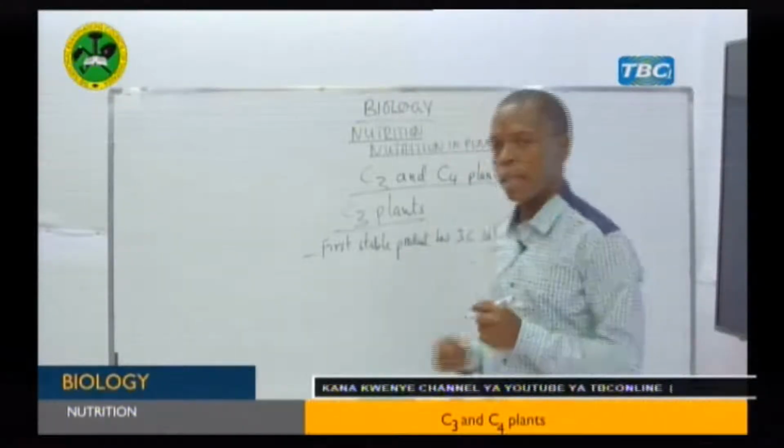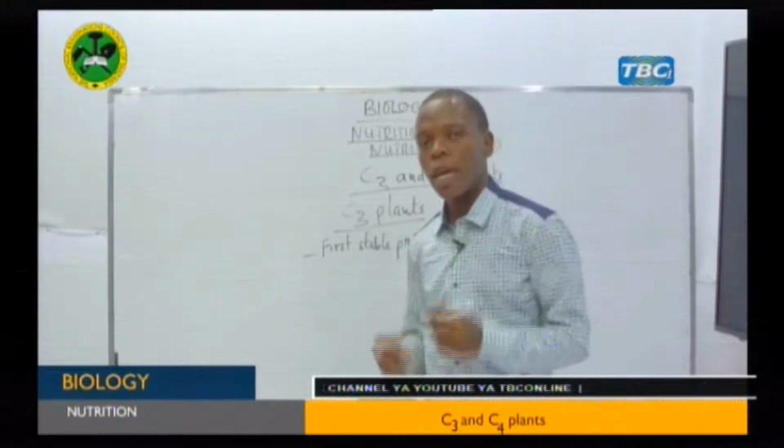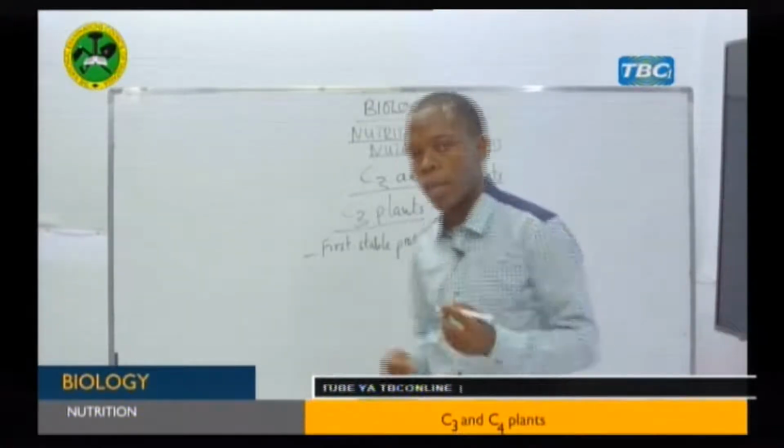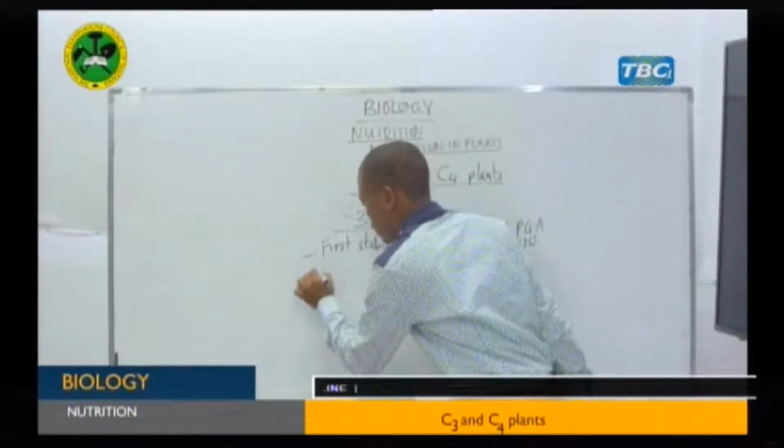But also in this C3 plant, we need to know the examples. What are the examples of C3 plants?